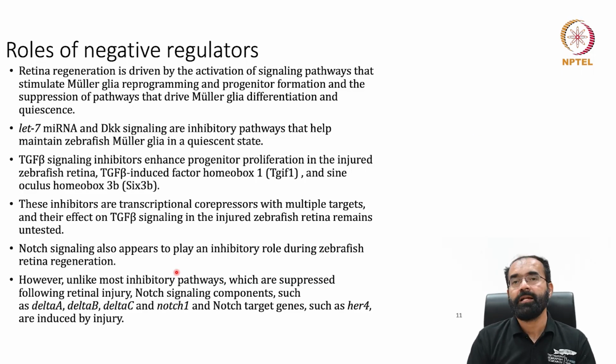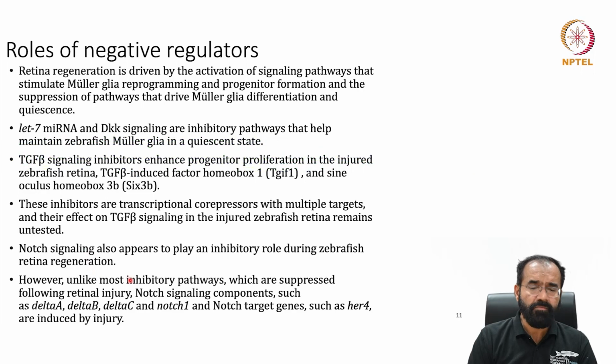So in the same way, delta notch signaling restricts the zone of regenerative response. That is why notch signaling is also considered a negative regulator. However, unlike most inhibitory pathways which are suppressed following retinal injury, notch signaling components such as delta A, B, C, notch 1, and notch target genes such as HER4 are induced by injury.